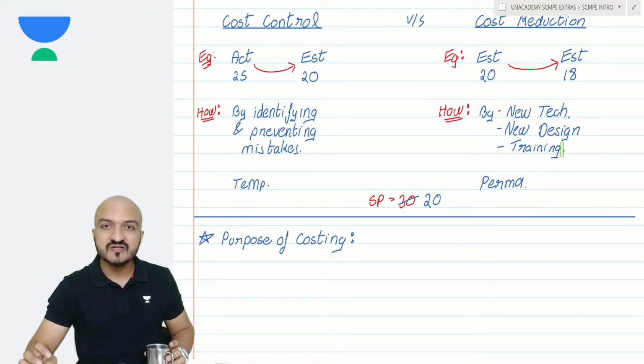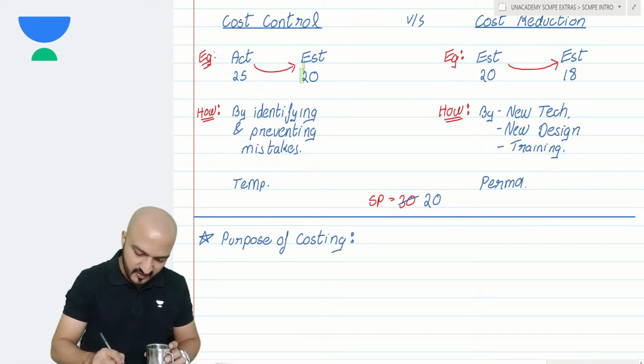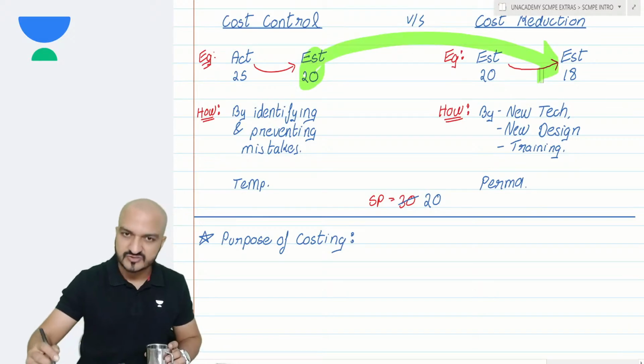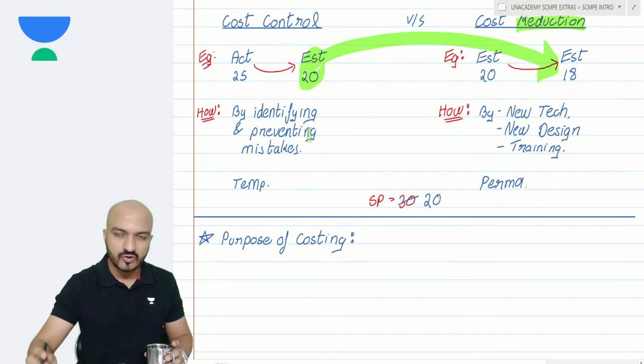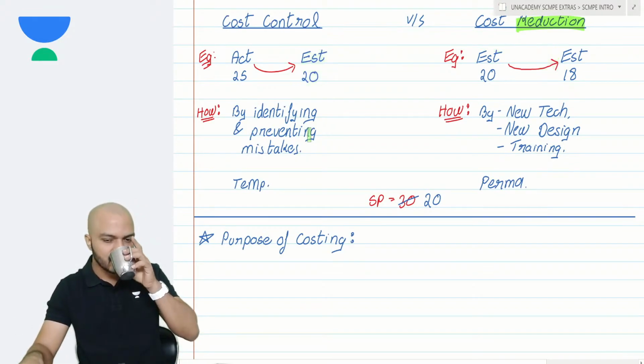Maruti, obviously estimates are achievable. Otherwise, why would you make that estimate? Estimates are achievable. In fact, Maruti, I am even exceeding my estimates. If I do cost reduction, then you are even able to exceed your estimated performance.